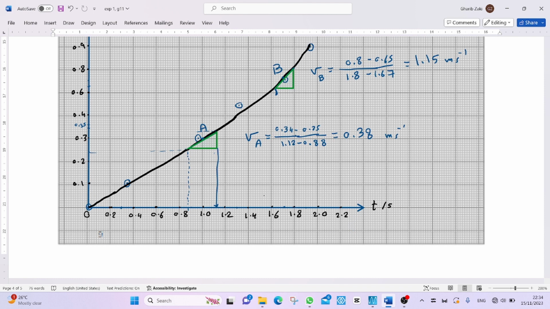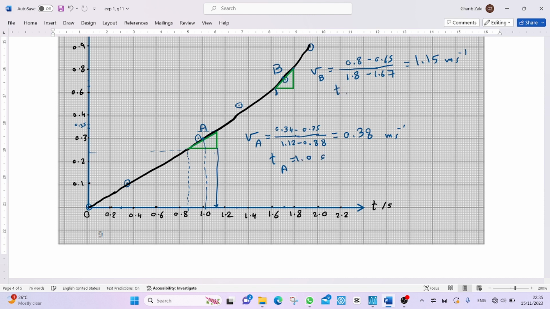Now we find the time at point A. So this is point A. T at A, the time at point A, is 1.0 second.